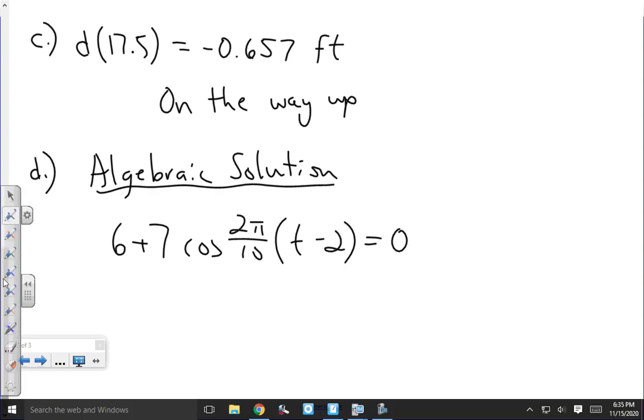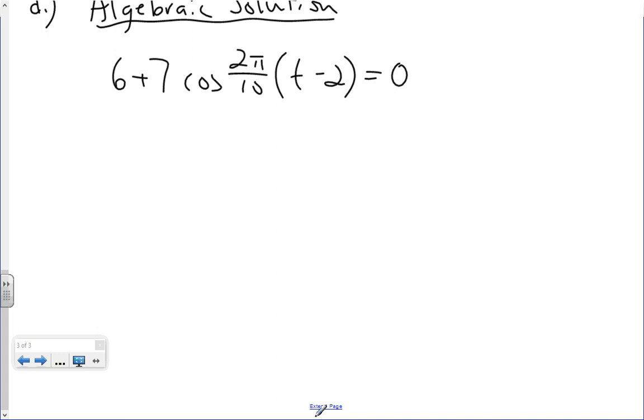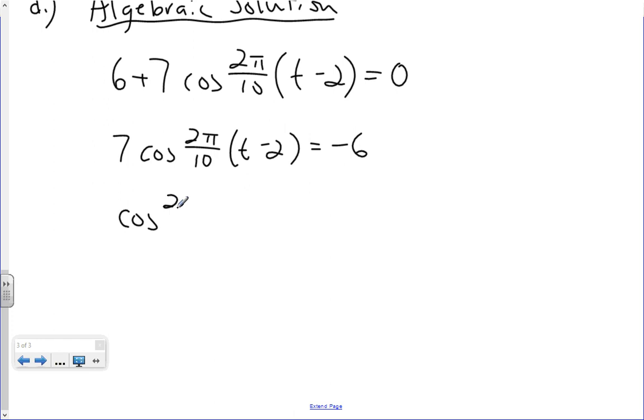Now let's go through and find the solution algebraically. All right, subtract your 6. So 7 cosine of 2 pi over 10 times t minus 2 is equal to a negative 6. Divide by 7. Cosine of 2 pi over 10 times t minus 2 is equal to a negative 6/7.